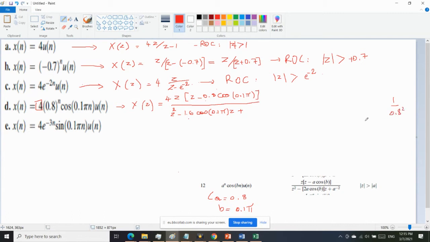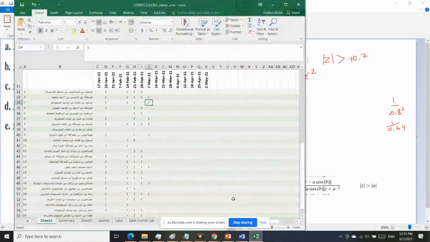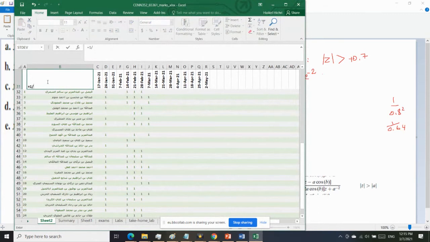Anyway, 0.8 squared is 0.64, so 1 over 0.64.